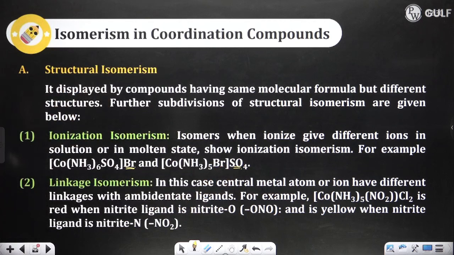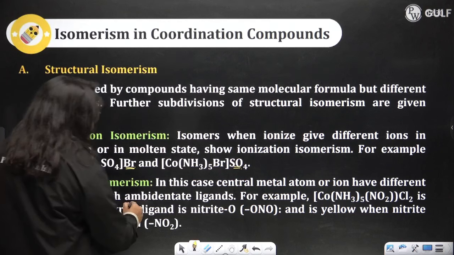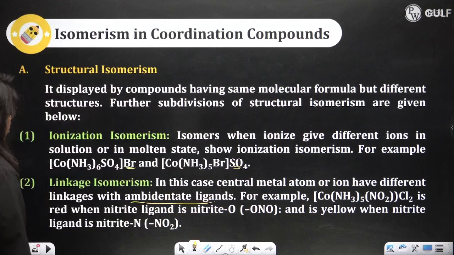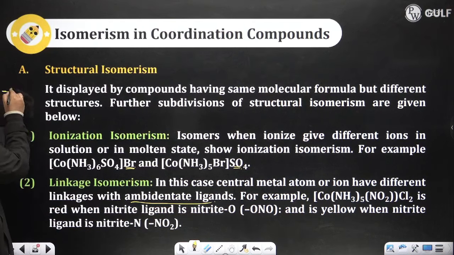Next, linkage isomerism. This is seen in the case of ambidentate ligands, beta. When you look at NO2, the nitrogen is capable of giving its lone pair, right?